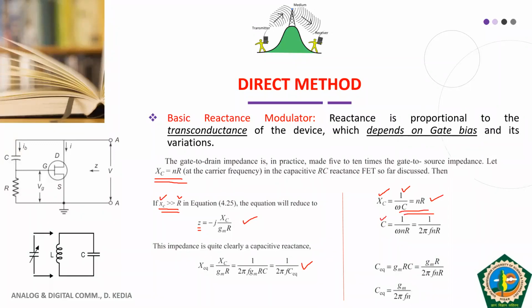Your capacitance value has to be 1 by 2 pi FNR. Okay, so if you remove this greater than inequality, you can represent it by NR.